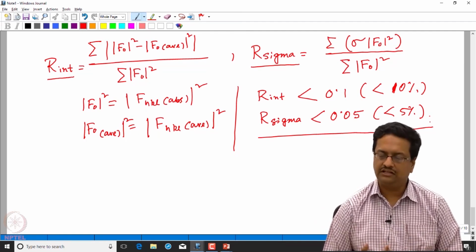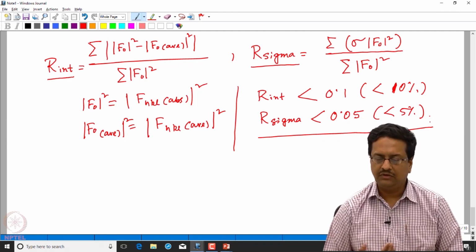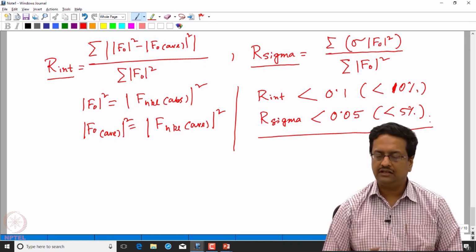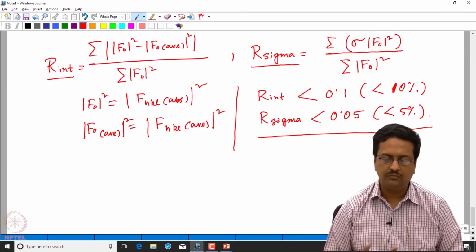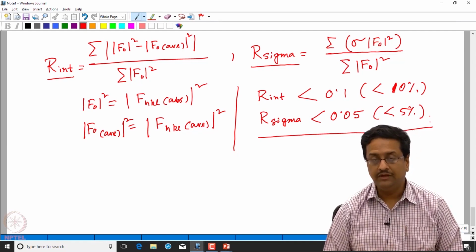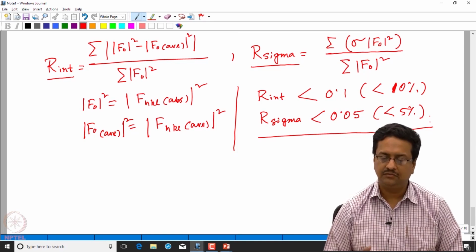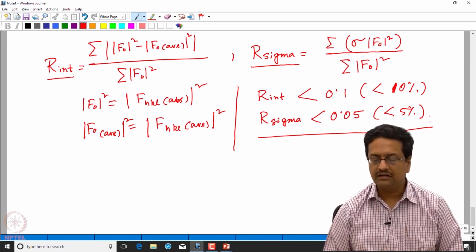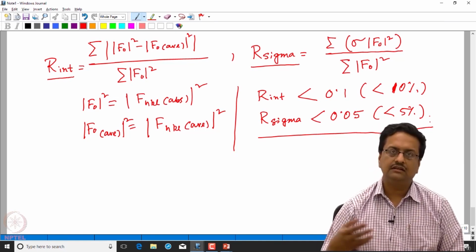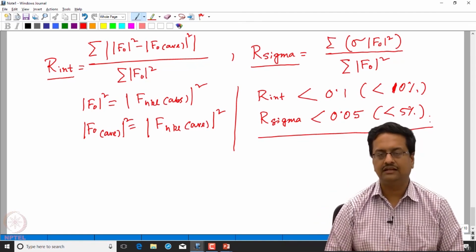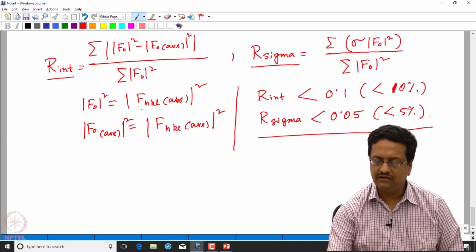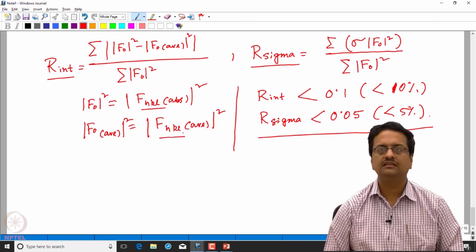Either we have not determined the unit cell correctly, or we may not have given a correct scaling, or there must be something else which is wrong, which may even be movement of the crystal during data collection, or ice formation during data collection, because ice gives you different kinds of diffraction peaks which can then merge with your crystal data, your own intensities, and result in a wrong measurement of every intensity that you are using in this calculation.